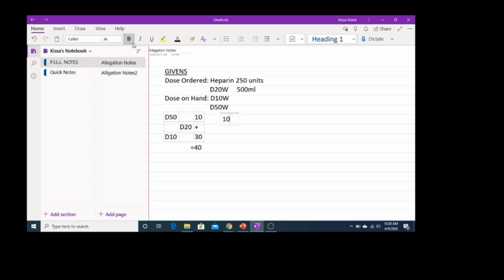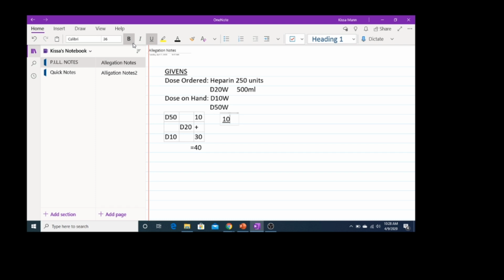10, I would use the divide symbol, but I like to use the underline so you can see it clearly how the equation would set up and how the numbers align with each other.